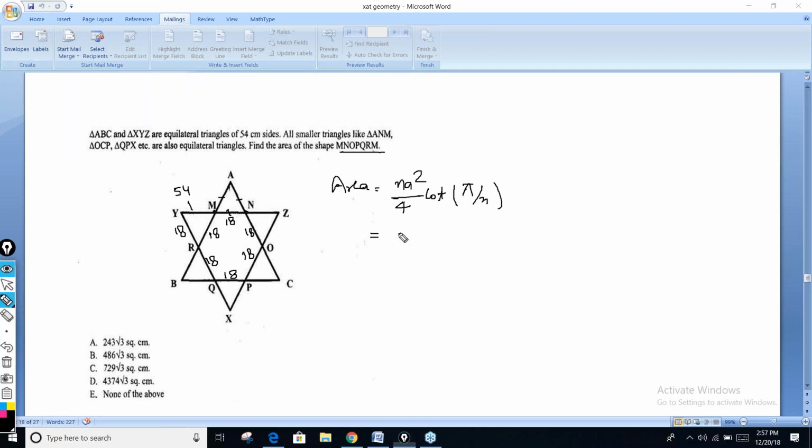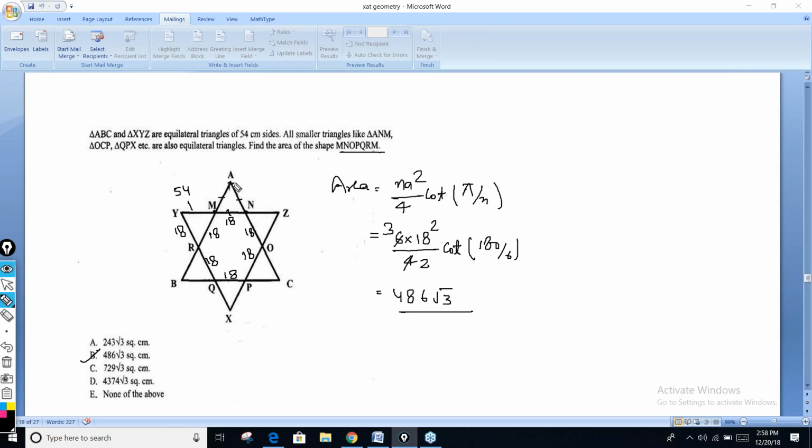So if I put in the value of n here, for the hexagon, side is 18, divided by 4, cot 180 by 6. So that is cot 30, and that is 2, 3, 324, 162, 162 into 3 comes out to be 486. And that is cot 30. Cot 30 is nothing but root 3. So that is the answer. Directly you can get it.